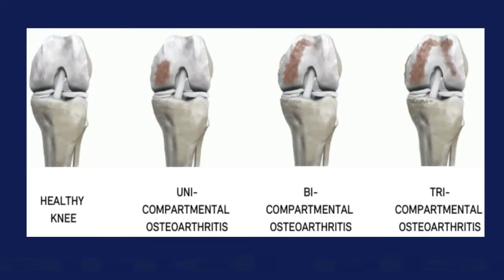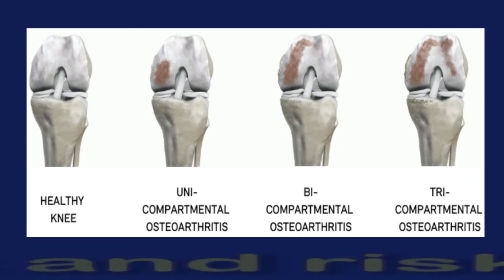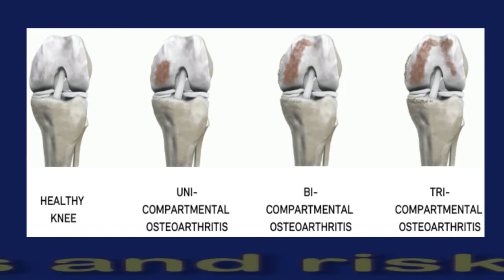Causes and risk factors. Osteoarthritis can occur from normal wear and tear of the joints, so anyone could potentially be diagnosed with the disorder. However, some risk factors may make diagnosis more likely. Age.